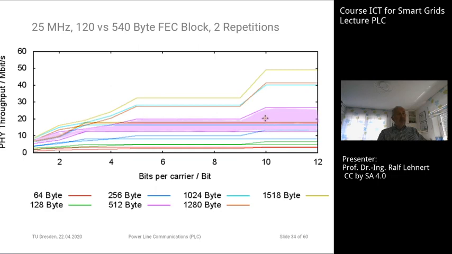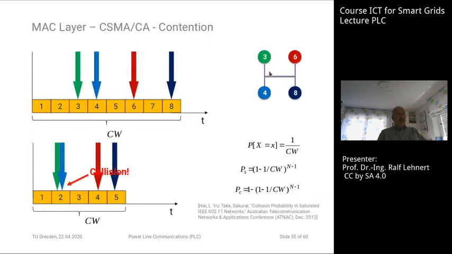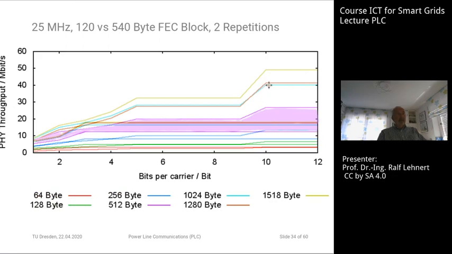With repetitions, repetitions cost capacity, so the achievable bit rate is lower, and therefore in practical situations where we do have repetitions, the achievable bandwidth is much lower than the theoretical bandwidth.